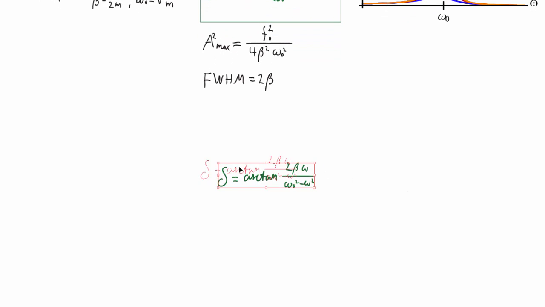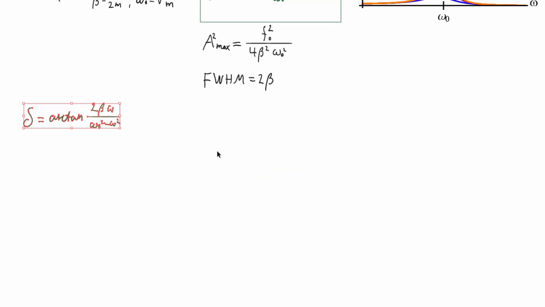So this is the phase, delta. To analyze it, I'm going to rewrite it slightly here. This is arctangent, and I might as well write that also as an arc cotangent of omega naught squared minus omega squared divided by 2 beta omega. Then I'm going to use a result that you may not be familiar with, but through the magic of fast forward, I can derive really quickly over here on the right.